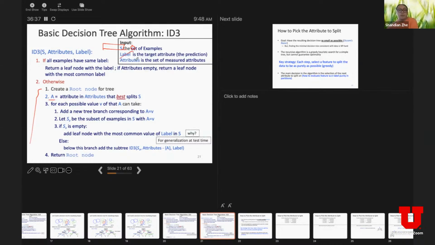Say you grow several branches, and each branch corresponds to a subset of examples. Then it calls ID3 recursively to further partition this subset.